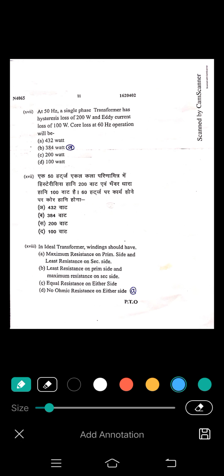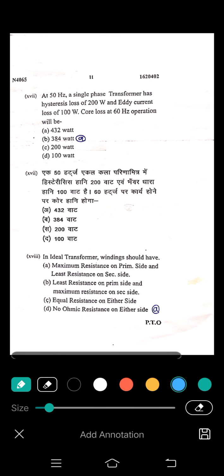At 50 Hz the core loss is given: hysteresis loss is 200 watt and eddy current loss is 100 watt. So the total core loss at 50 Hz is 300 watt. But we have to find out the total core loss at 60 Hz.